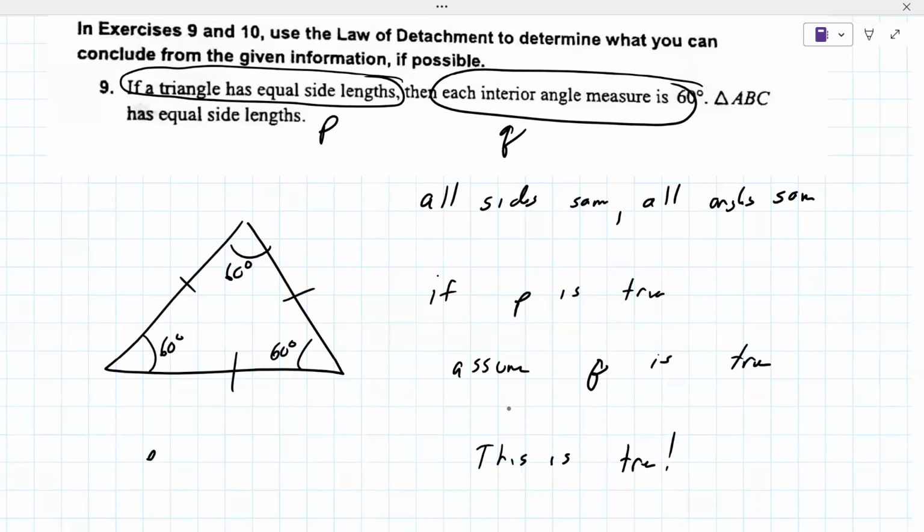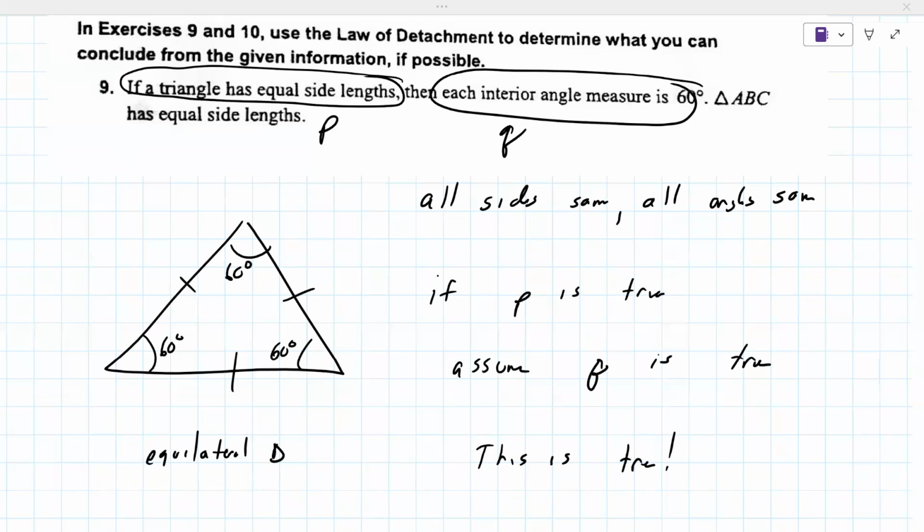And this is an equilateral triangle because all the sides are the same, all the angles are the same. Any thoughts on that? No. Okay.